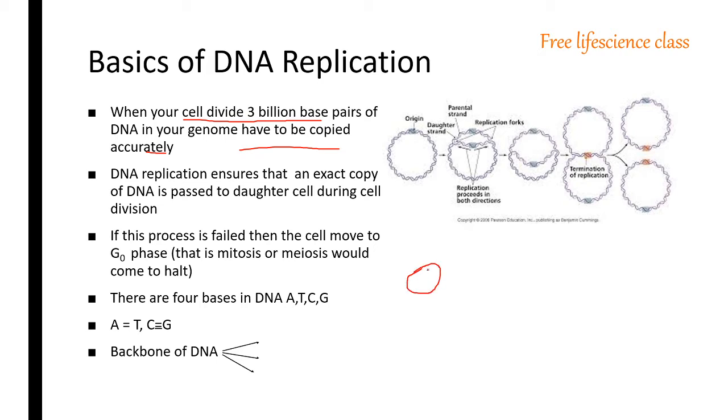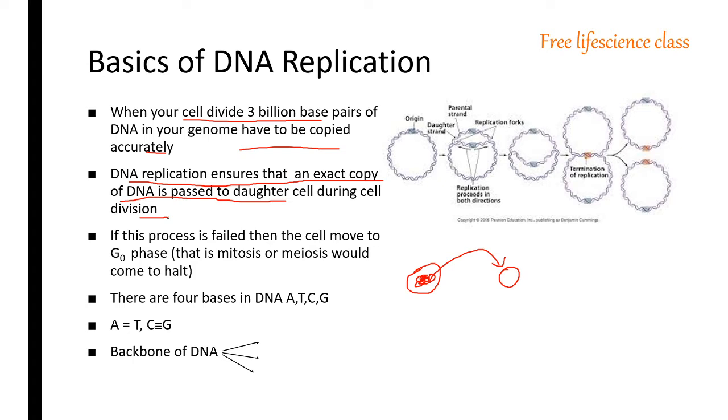It consists of 3 billion base pairs of genome, and an exact copy of this DNA should be passed to the new cell when a cell divides, isn't it? So DNA replication is a very important process for the existence of an organism. We can say DNA replication ensures that an exact copy of DNA is passed to the daughter cell during cell division.